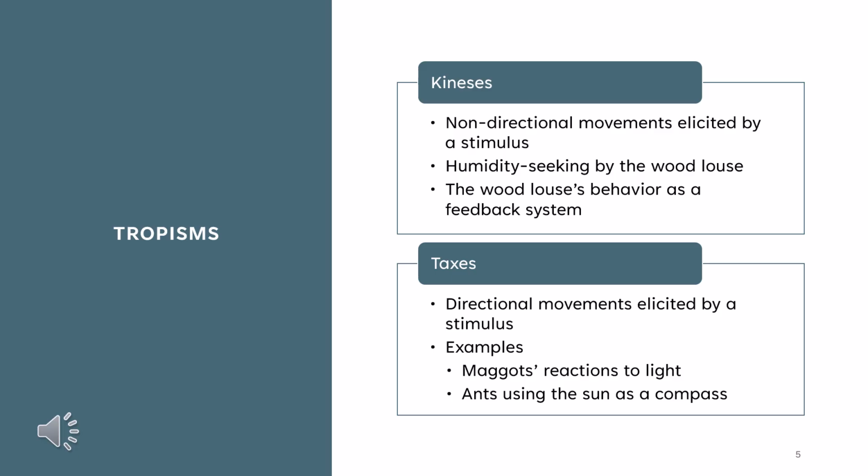So it's very directional in its intent. And the kinesis, the rate changes with the stimulus. So it's non-directional movement. We look at something like humidity seeking by the woodlouse, the woodlouse's behavior as a feedback system. It's mostly seen in simpler organisms that show some kind of stimulus-bound movement without any kind of complex decision making.